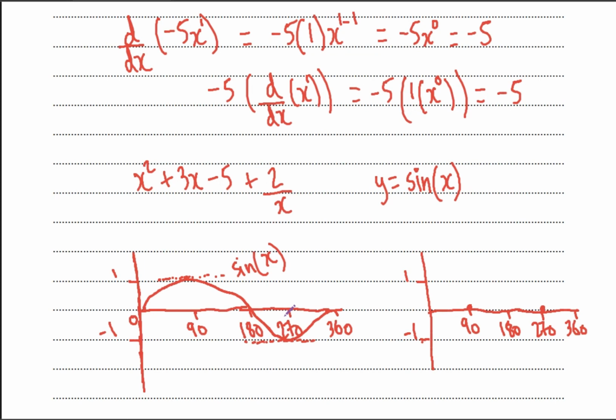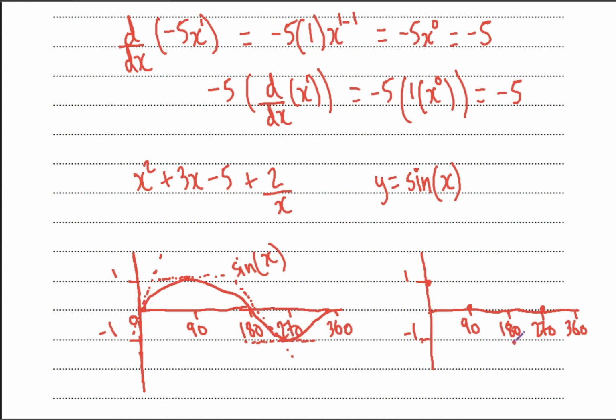Now, if you want, and this is a good exercise for you, you can draw a tangent to the sine graph at 0. And if you calculate the gradient of this tangent, you'll see it's equal to 1. And if you calculate a gradient at 180, let's say you draw a tangent here, and then you calculated that gradient, that would be negative 1.